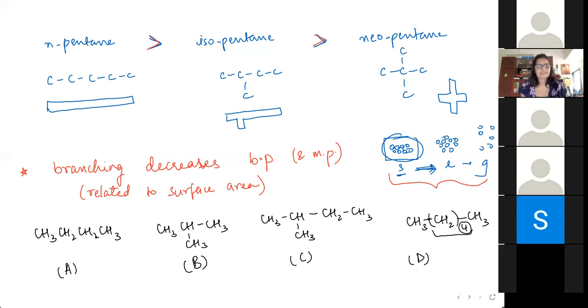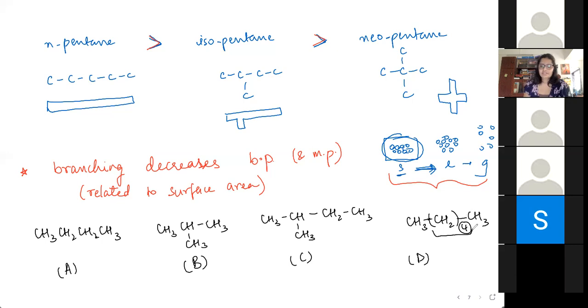Good. Ritu and Sanath have already sent in their answers. Arnav and Rashid, incidentally, you guys sent the exact same answer. Let me just go through it.